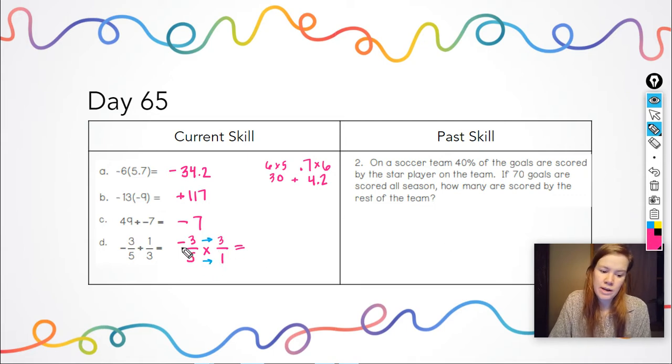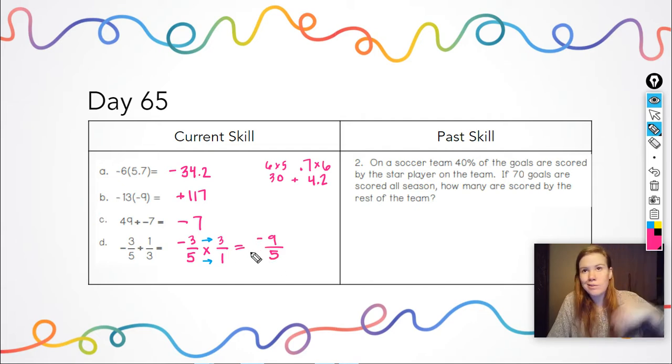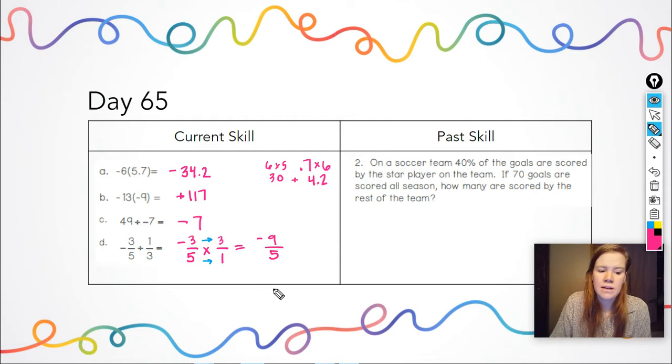And so you would have -3 times 3, which is -9, over 5 times 1, which is 5. And remember that negative can be in the numerator, the denominator, or outside the fraction. They're all the same. So it should be -9/5.